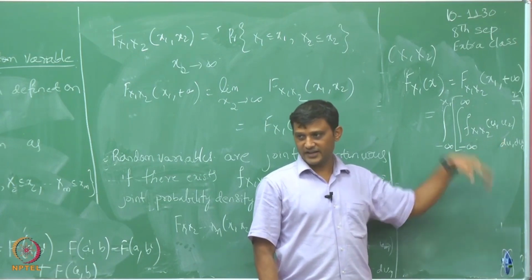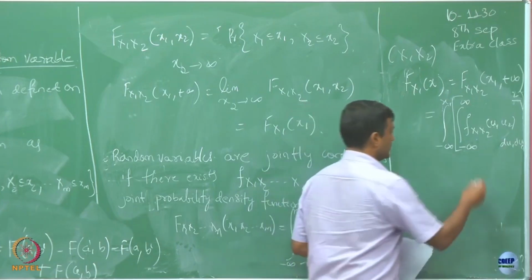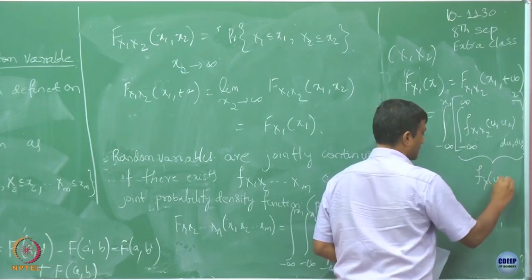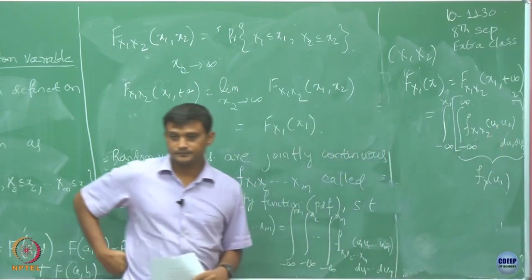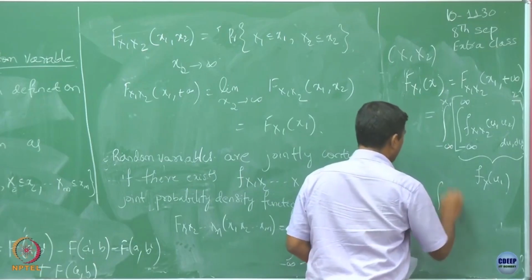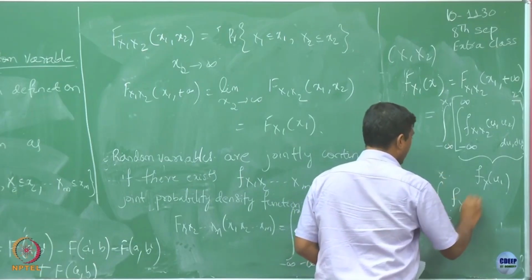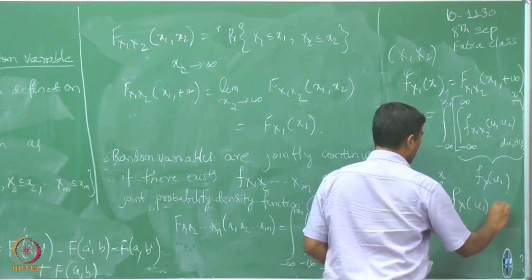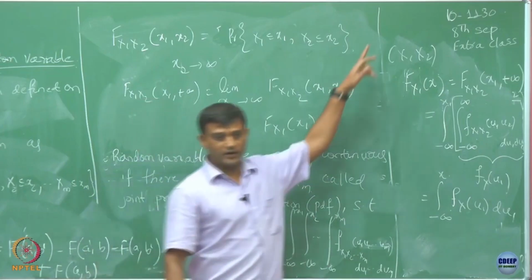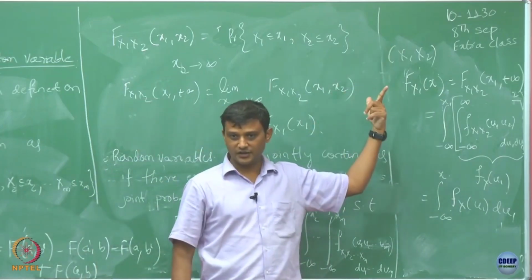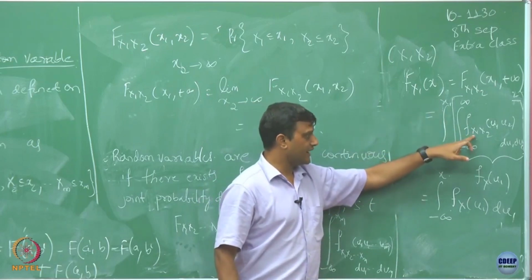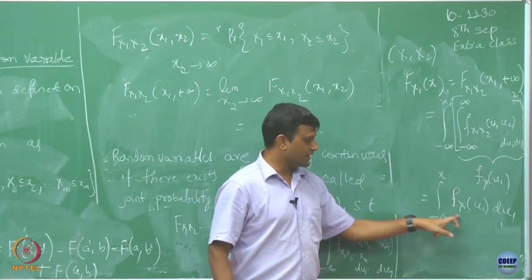No, right, because I have integrated it over all possible values. So it is now only a function of u1, and this integration simply becomes minus infinity to x1 of f of x1 of u1 du1. So if it is jointly continuous, from that joint PDF we have now recovered a marginal PDF.